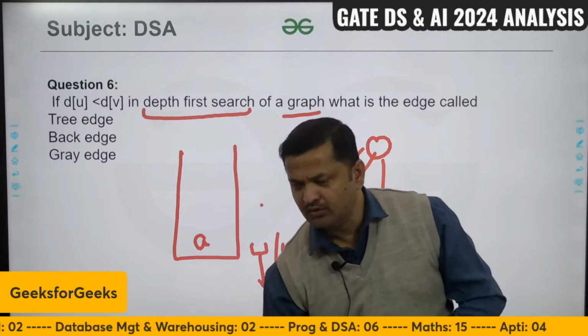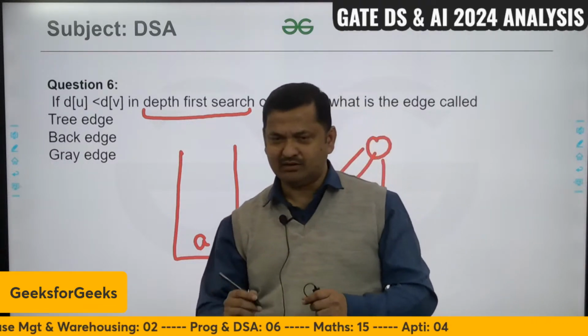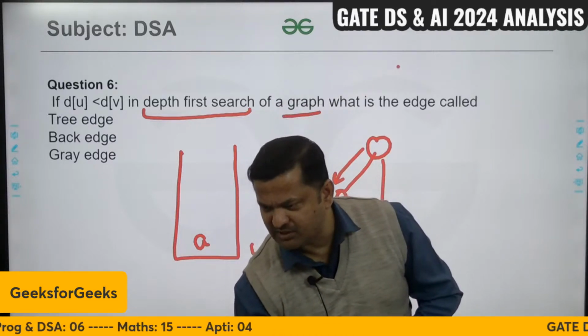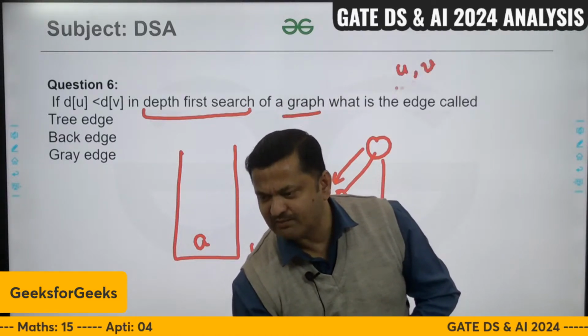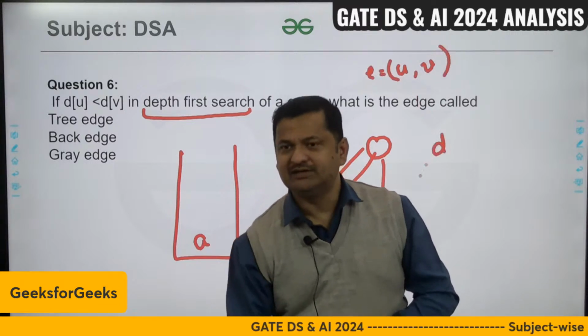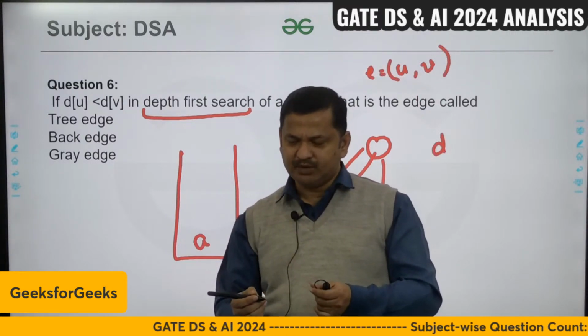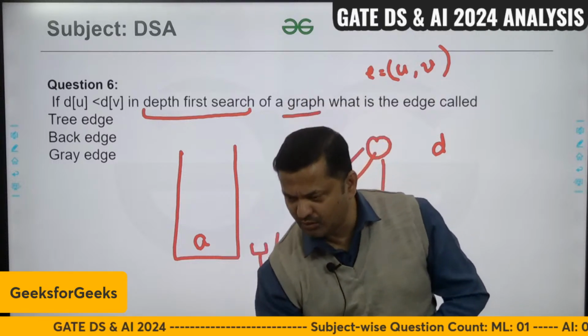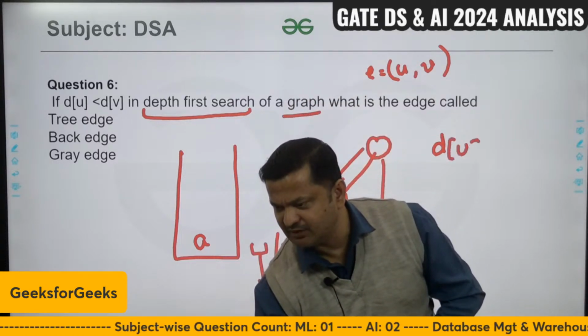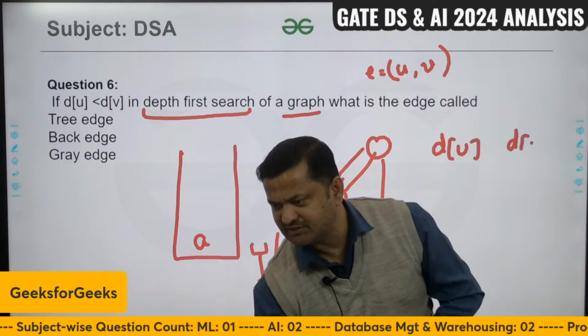During every edge visit, we have an edge represented as u and v. In that case, we can take the discovery time of u and the discovery time of v for classification.